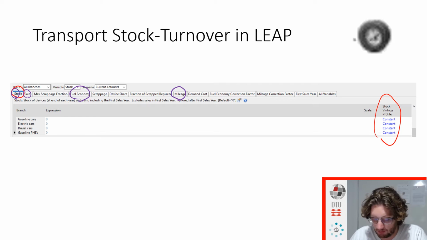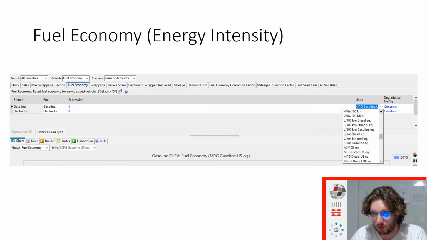So we will start looking at especially these 4, which are the ones that we're going to use. Again, demand cost, we'll take that in lesson 3. So we will talk a bit about fuel economy, which is the same as the energy intensity in this case.